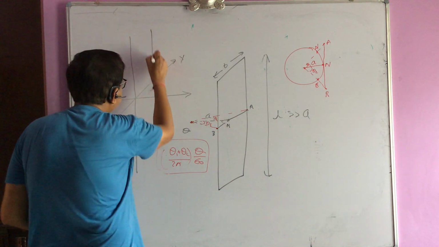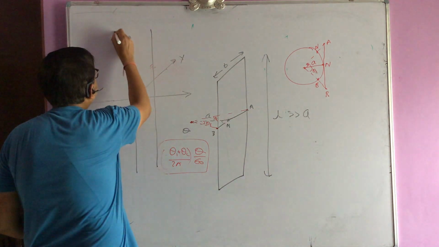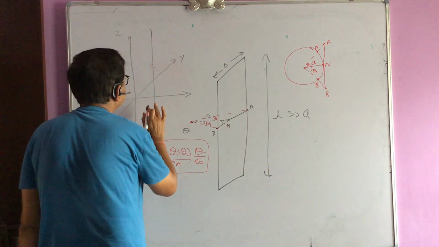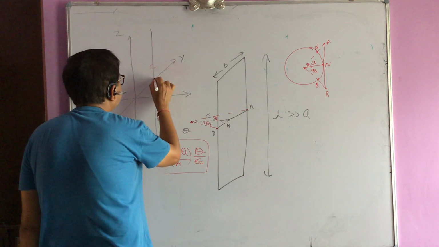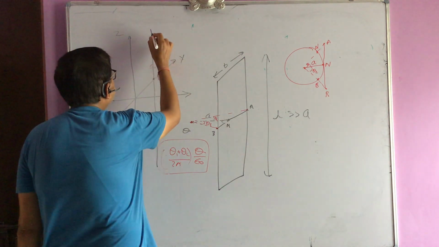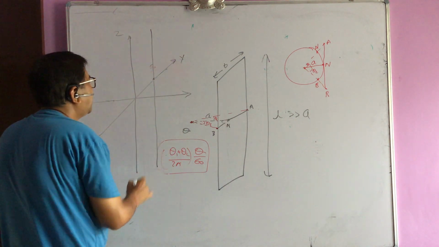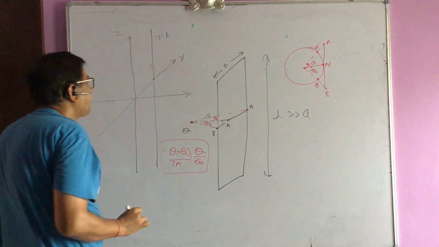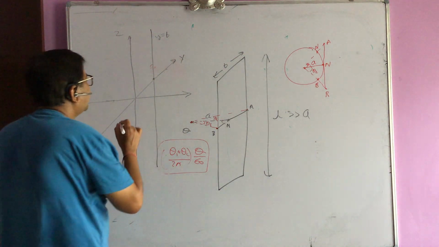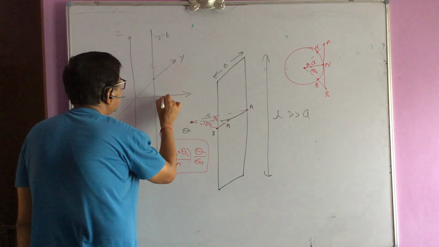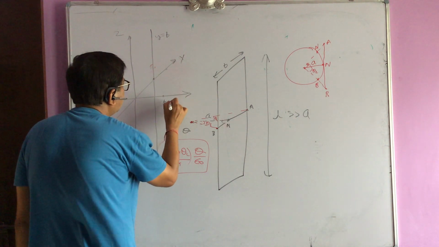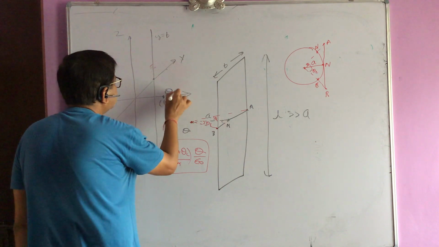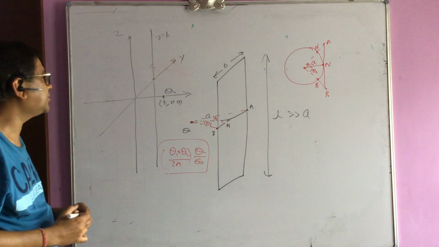One of the boundary of the sheet is Z axis itself, and another boundary is Y equal to say B. And what I am doing here, I am placing a point charge at B, 0, 0. This is the point charge placed at B, 0, 0.